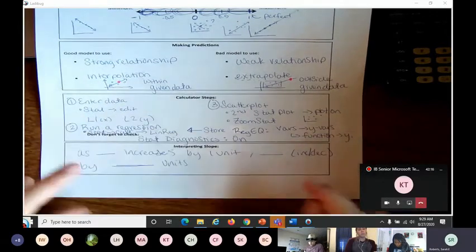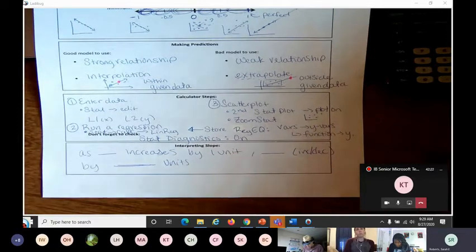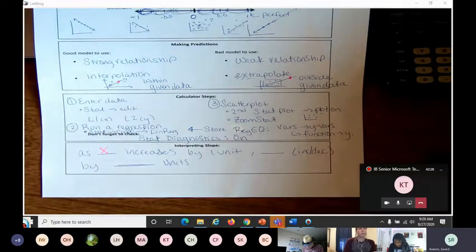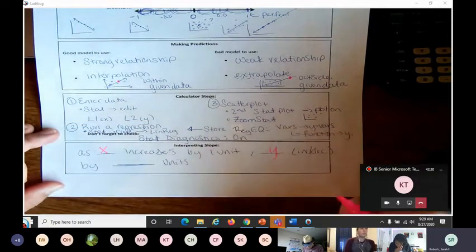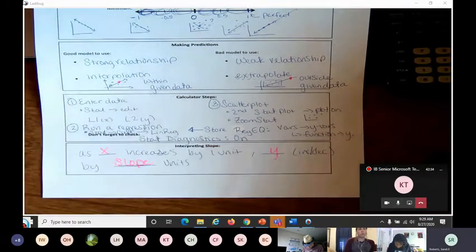So how many x units are we going to increase by? I guess I just gave the answer. Our x units are going to increase by 1 unit. So as our x's increase by 1, our y units are going to increase by whatever the slope value is.